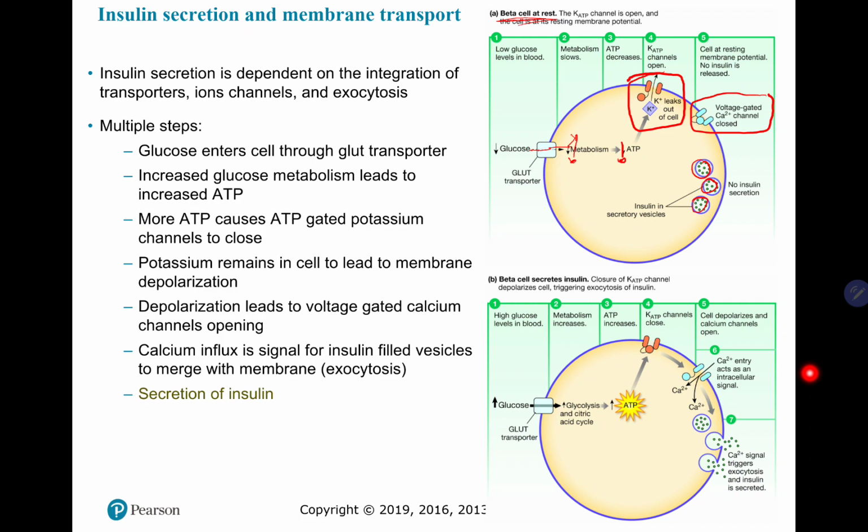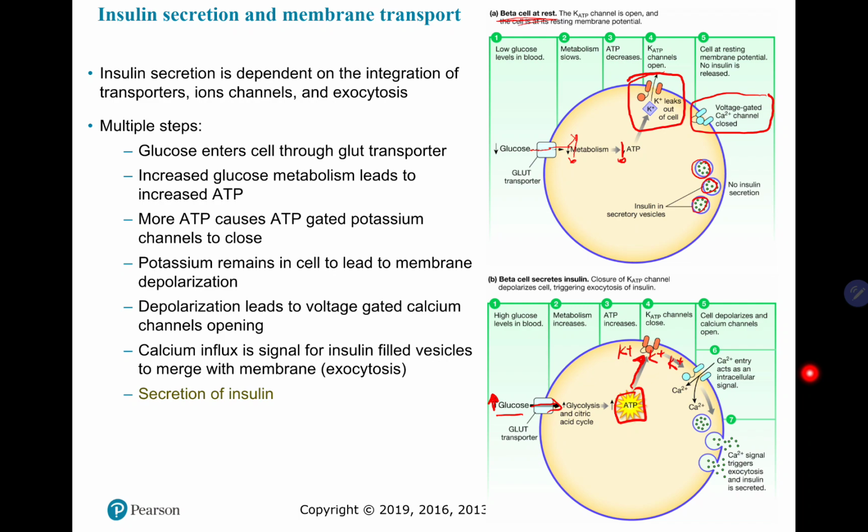However, when we have high plasma concentrations of glucose, glucose will enter that beta cell and undergo metabolism via glycolysis and the citric acid cycle. We're able to produce more ATP, and it's the ATP that binds to this potassium leak channel and closes it. Once it's closed, potassium stays in the cell because it can't leave.